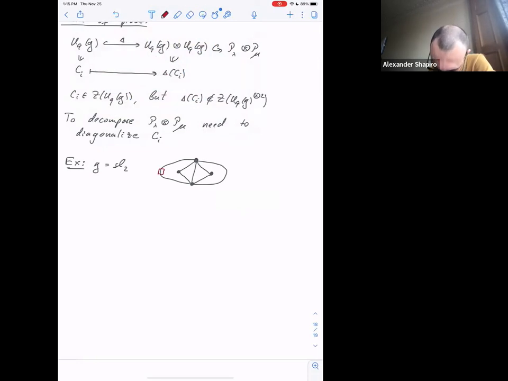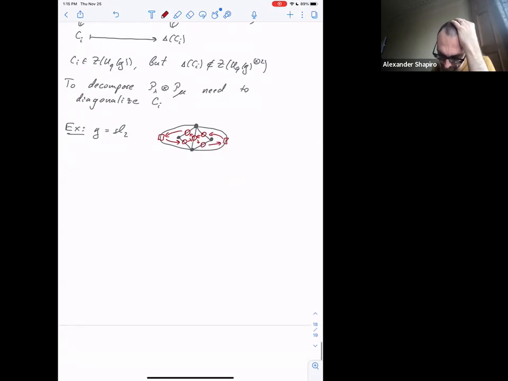In the SL2 case, it's just the standard quiver for a triangulation: you put cluster variables on the edges of the triangulation, and the quiver becomes like that. Let me redraw that because it's impossible to see.